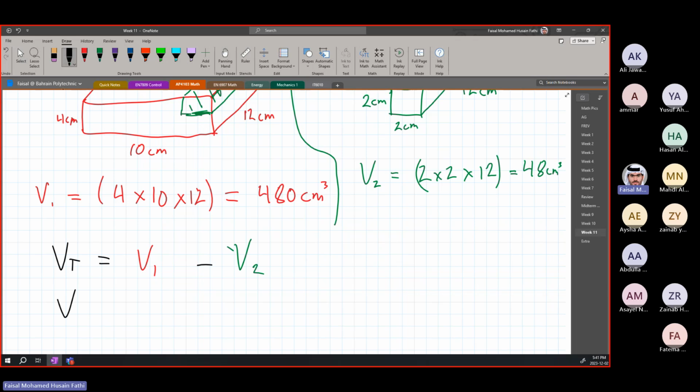So V total is equal to 480 centimeters cubed minus 48 centimeters cubed, which is going to be equal to 480 minus 48, 432 centimeters cubed, and we are done.